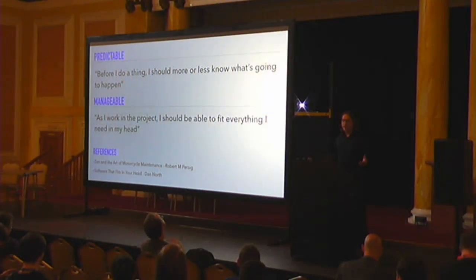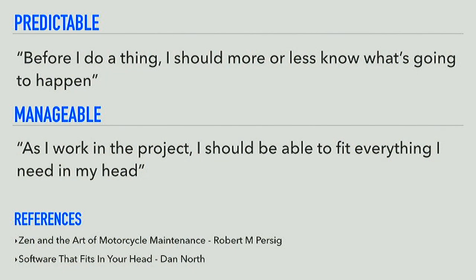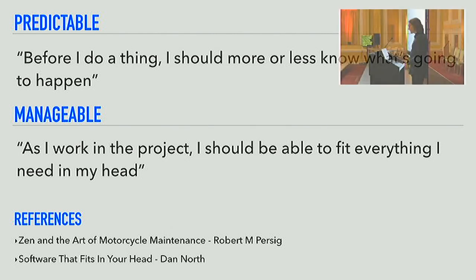So how do we avoid accidental complexity? Well, I've taken an analytical knife to our aims and divided them up here. So in reality, I think these things overlap a lot, but it's interesting to talk about them separately. So for this talk, I'm going to be talking about making things predictable: before I do a thing, I should basically know what's going to happen; and manageable: as I work in the project, I should be able to fit everything I need inside my head.